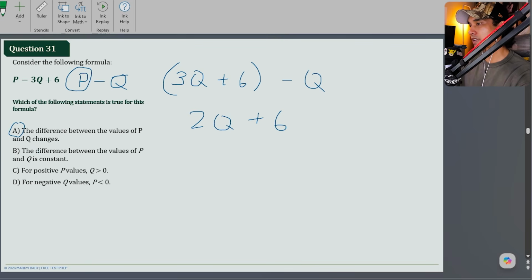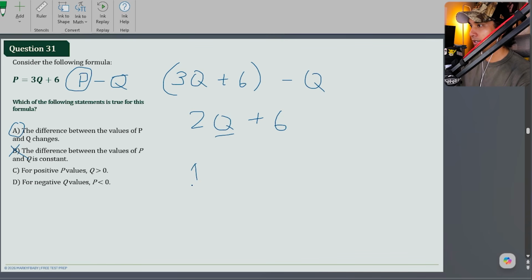If we look at the next answer choice here, the difference between the values of P and Q is constant. Well, if we did P minus Q and just got a number, then yes, that would be constant. So B is wrong. For positive P values, then Q is greater than 0. So let's go ahead and add a positive P value.